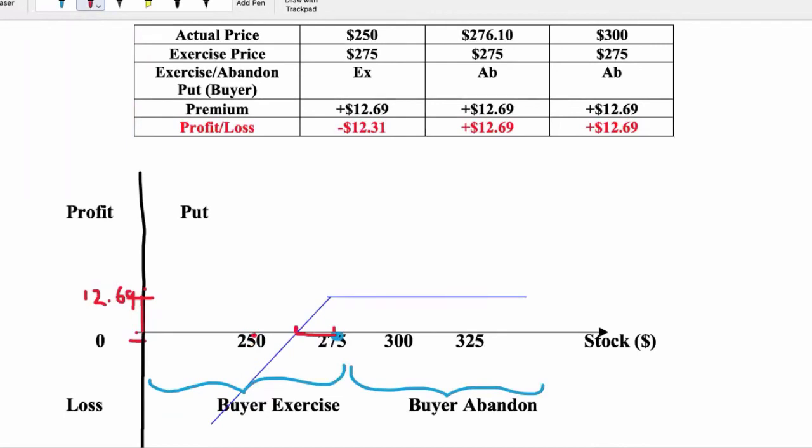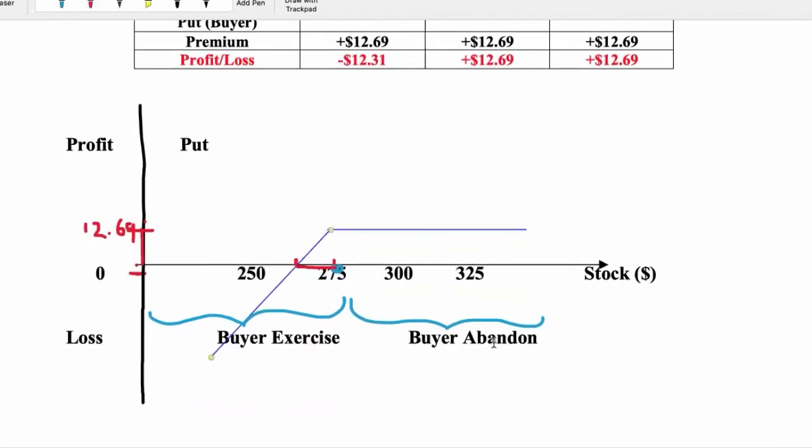So if you could drop a line from 250 down to where that negative line is and across, you'll almost get the same equal distance, which is kind of reflective of this anyway. So the buyer exercises, the buyer abandons, you have limited gains, you have unlimited losses down to zero. Here's your strike, there's your break-even. You're out of the money, you're in the money, and you're at the money.